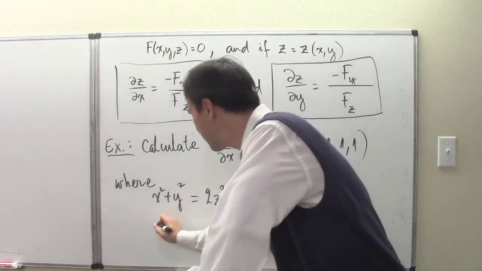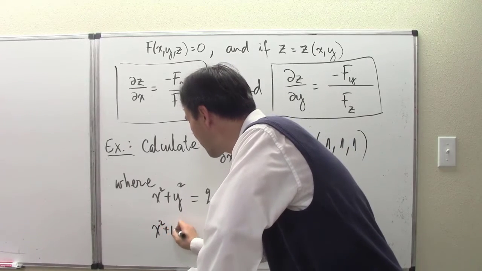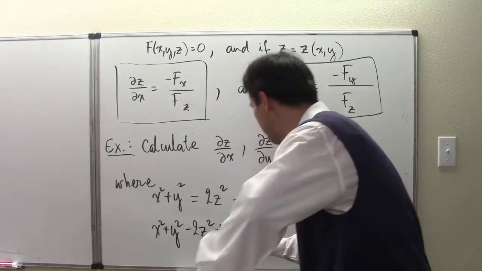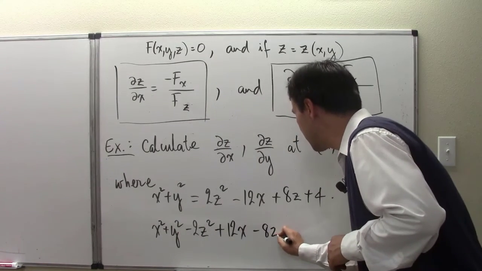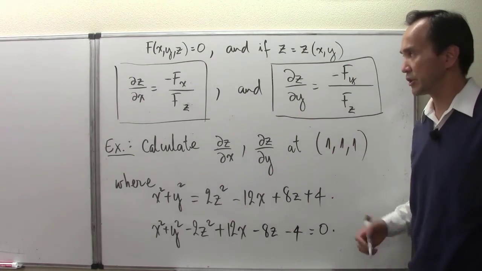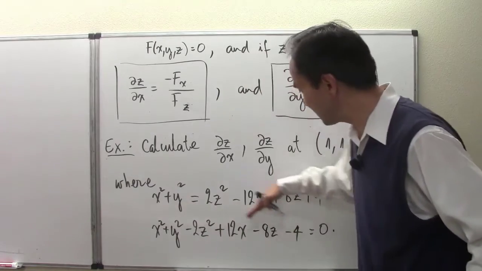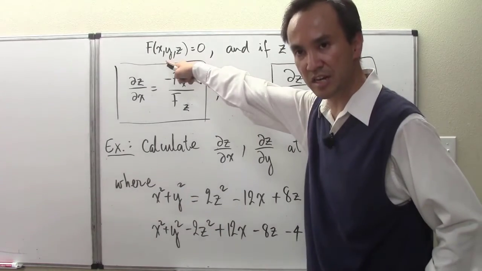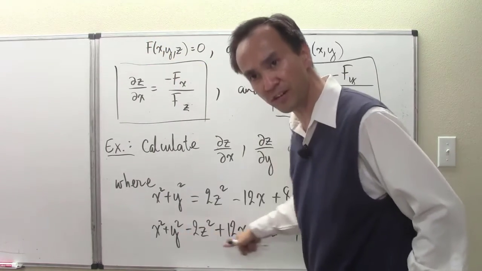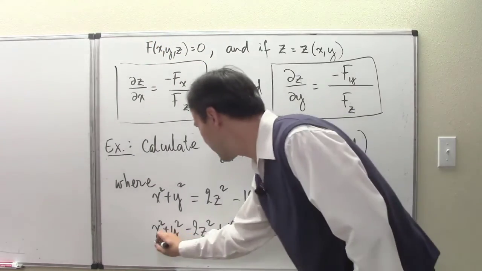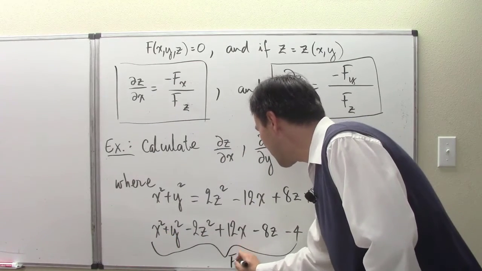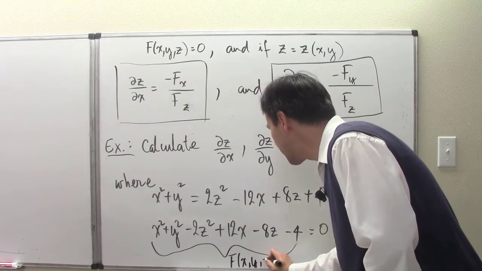So now I'm looking at x squared plus y squared minus 2z squared plus 12x minus 8z minus 4 equals 0. Just like that, this entire left-hand side is going to be seen as my function, a capital function F of three variables, x, y, and z. There are three variables involved. All that here is our capital F of x, y, and z.